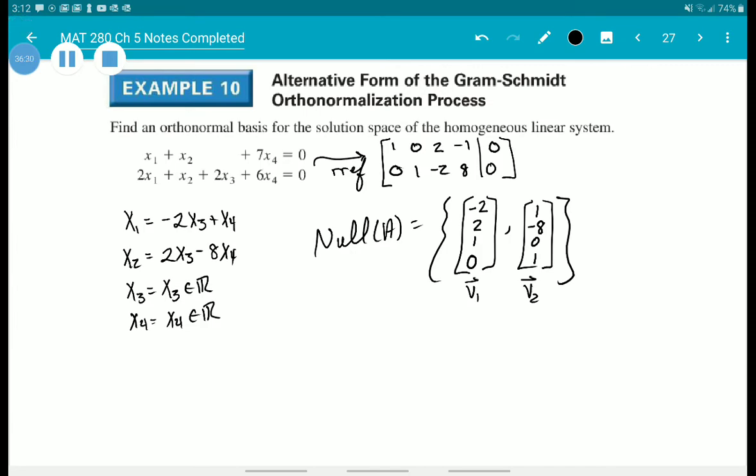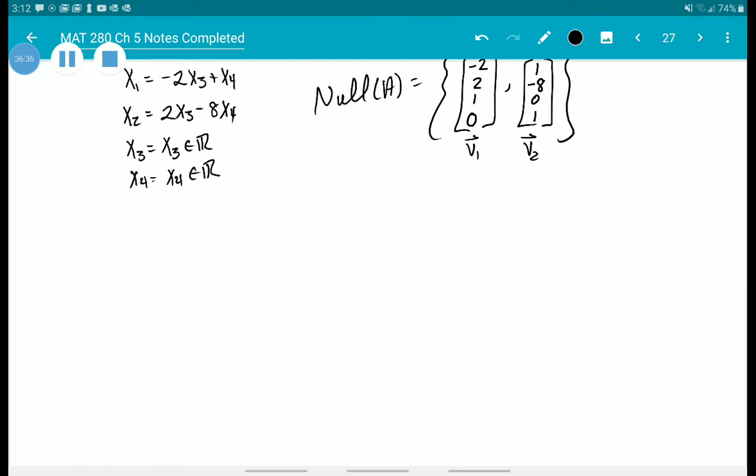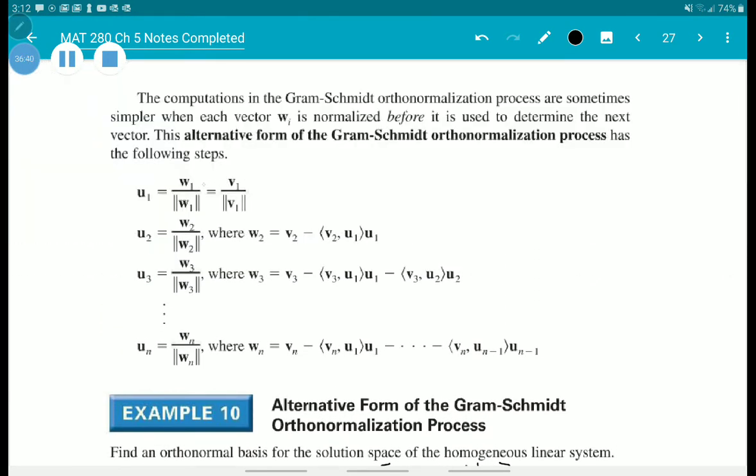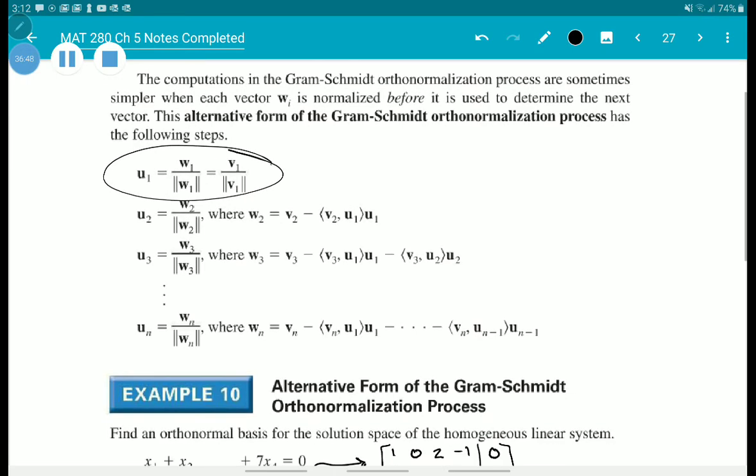Now let's go through and find an orthonormal basis for this space. And we're going to use that alternative form. So our U1 is going to be our V1 divided by the magnitude of V1.